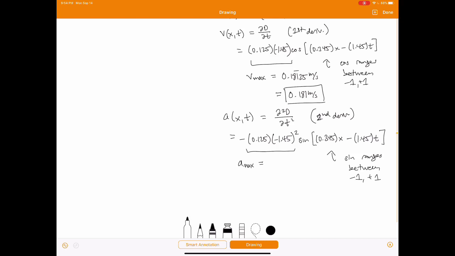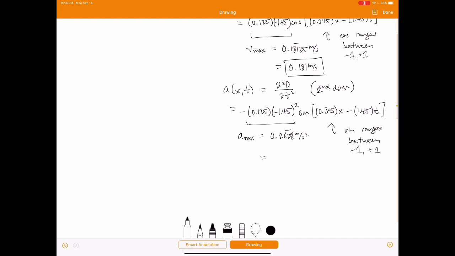So 0.125 times 1.45 squared. What does that work out to? 0.2628 meters per second squared. Round that up to 0.263 meters per second squared. That is our maximum acceleration, again, as the string vibrates up and down.